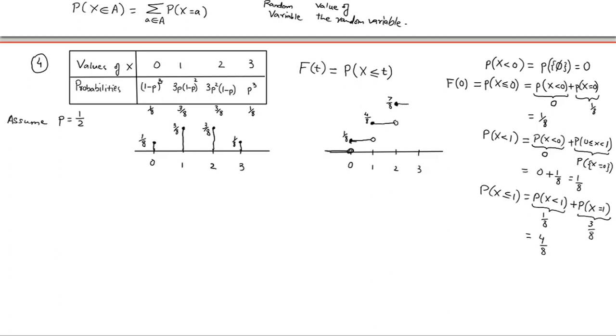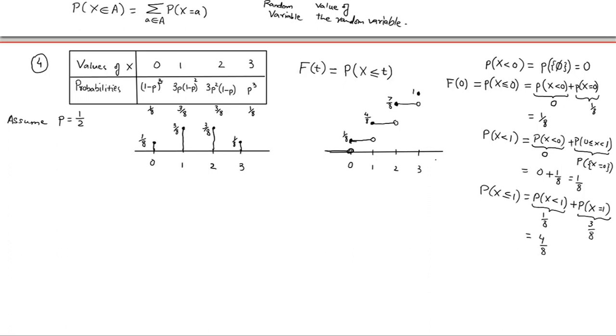And then it's going to remain at 7 over 8 until 3, where it's going to jump to what? Anyone? 1, 8 by 8. 8 over 8, which is 1, yes.